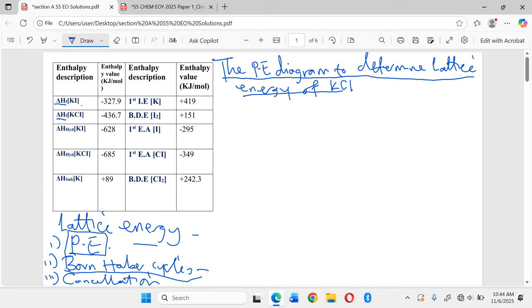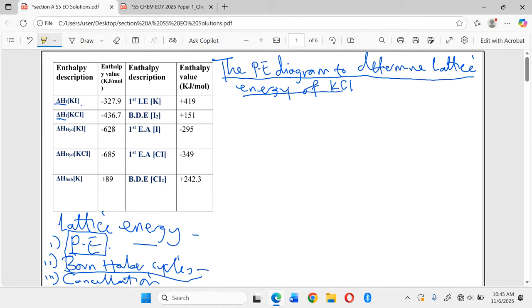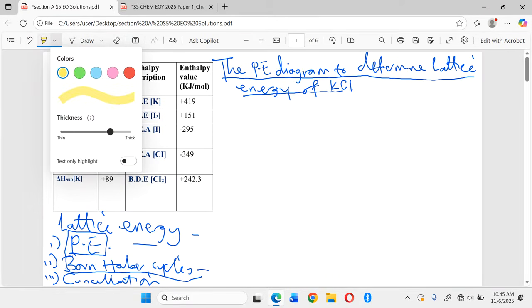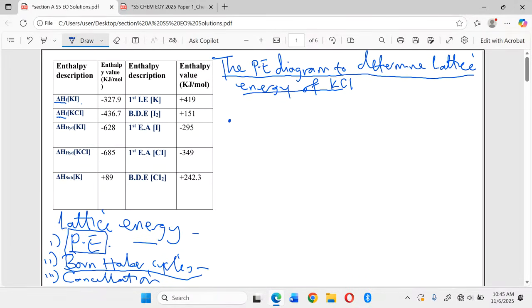It can be for lattice energy, it can be enthalpy of formation, depending on what they have asked. In this case, we are looking for the lattice energy. So let's see. We want to make sure that we can see very well what we want. I want it to be thicker so that we can see exactly what you want.